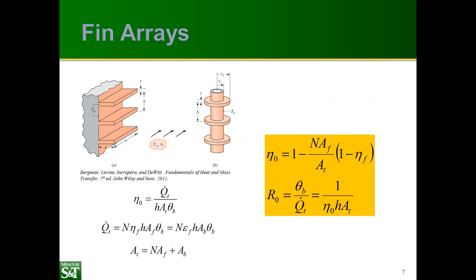Finally, we should look at fin arrays. So if you have many fins on a surface, which is usually the case for a fin surface, we have to go beyond just the fin efficiency and fin effectiveness because they only characterize a single fin. So what we do is we use the surface efficiency. We can also then find the surface resistance. So the surface efficiency, if you look, is based on the fin area and the total area.